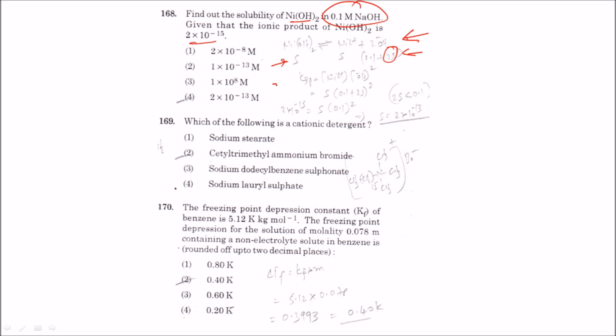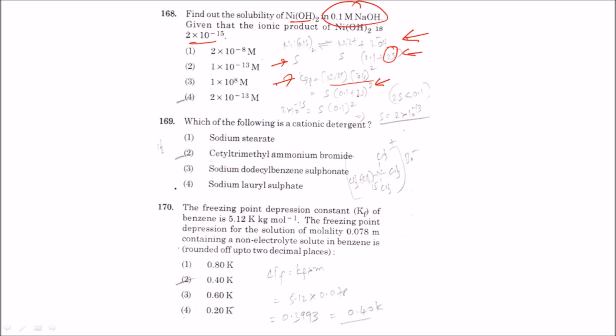Now we can write the solubility product expression: Ksp is equal to the Ni2+ concentration into the OH- concentration to the power 2. Ni2+ concentration is S, into the OH- ion concentration 0.1 plus 2S, raised to the power 2.